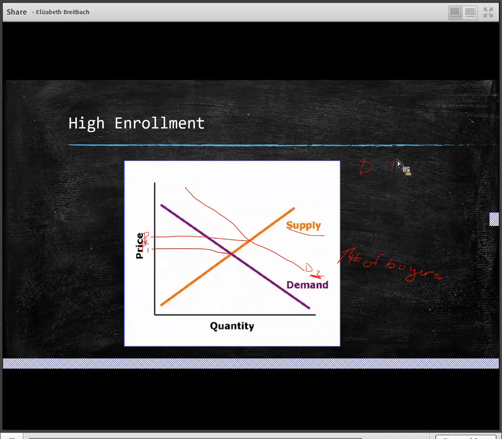So demand increased, and it shifted right, and that as a result drove up prices. And what happened to quantity? Our equilibrium quantity initially was at Q1. Our new quantity, when we look at our demand curve 2, is at a higher quantity, so price and quantity both increased as a result of an increase in the number of buyers coming into the market.